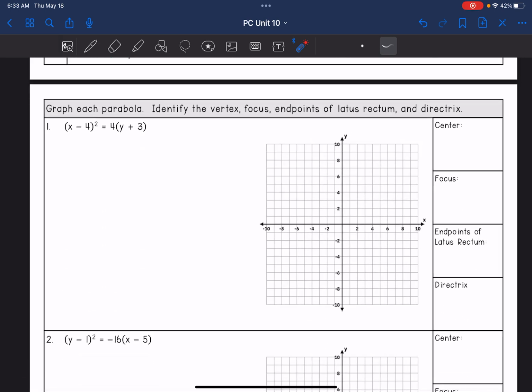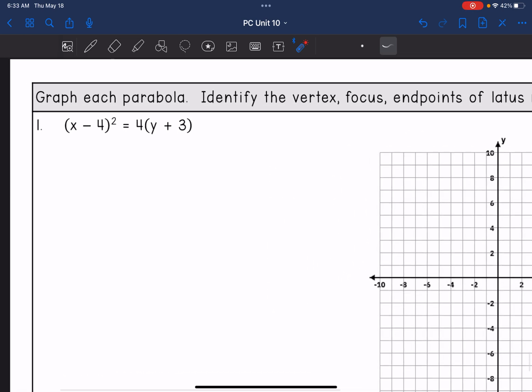Example 1, we have (x minus 4) squared equals 4 times (y plus 3). So first thing we want to do is decide, is this a vertical or a horizontal parabola? So like I said, it's kind of opposite of what you would think. It starts with an x, so that makes it vertical.